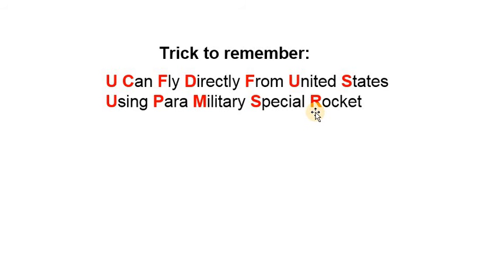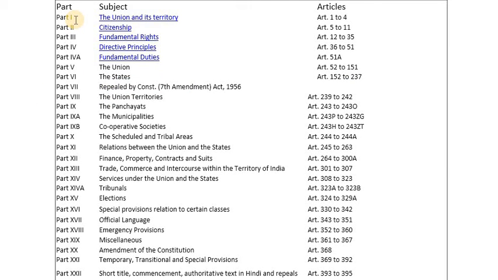So basically to remember that, just take a look at this. First of all, the part 1. Starting with the constitution, you have to go from outer area to inner area. So basically we have to mark our territory, the Indian territory. So part 1 will be the union and its territory.